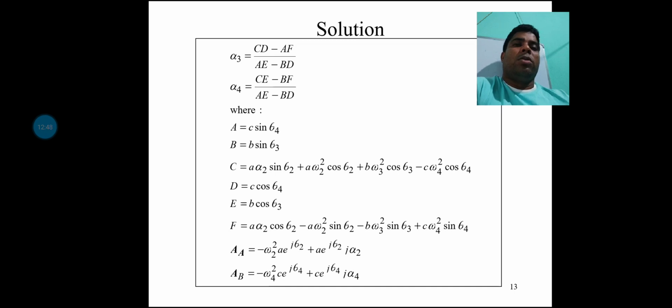And now AB is equal to minus omega 4 square c e to the power i sigma 4 plus c e to the power i sigma 4 j alpha 4.